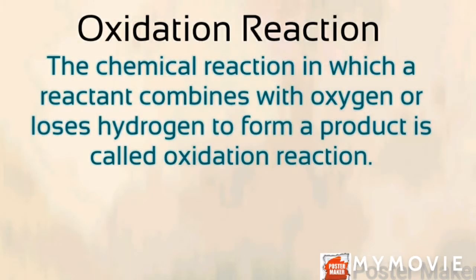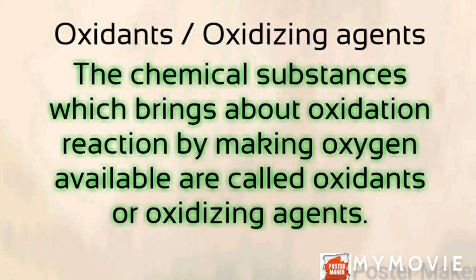Oxidation reaction: the chemical reaction in which a reactant combines with oxygen or loses hydrogen to form a product is called an oxidation reaction. Oxidants or oxidizing agents: the chemical substances which bring about oxidation reaction by making oxygen available are called oxidants or oxidizing agents.